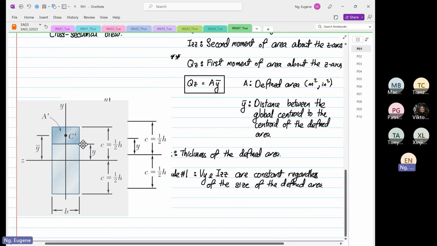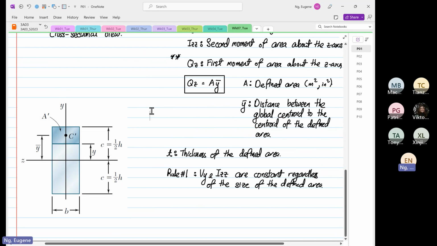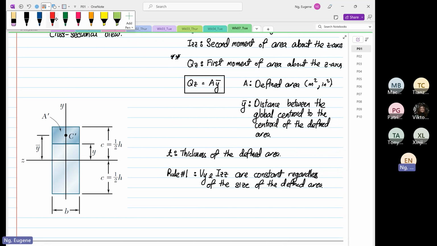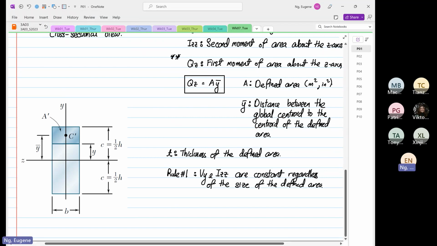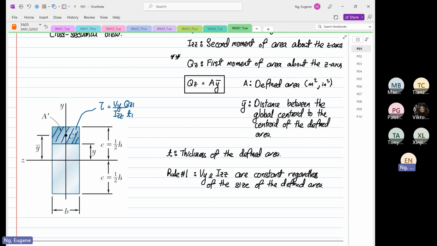What rule number 1 means is, if you're going to find the shear stress of this shaded region that I'm writing down here, the shear stress is equal to Vy over Izz. I will call this QZ1 and T1.